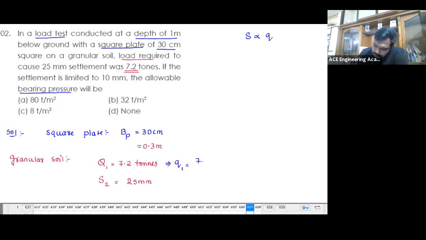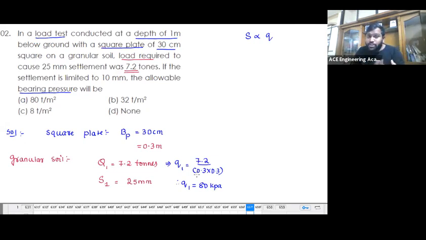Then what is Q1? Load by area: 7.2 by 0.3 into 0.3. What is this Q1 value? It comes as 80 kilopascals, which means if you apply a load of 80 kilopascals, the soil got settled to 25 mm.